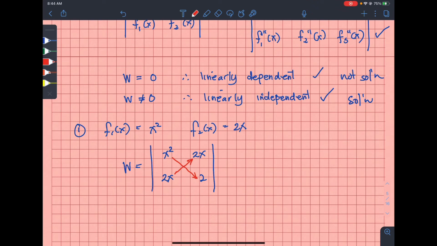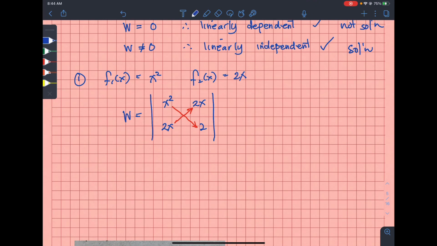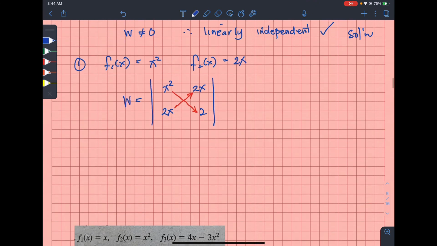So therefore, W here will then be equal to x squared times 2. So that would be 2x squared. Then minus upward, 2x times 2x, that would be 4x squared. So W is equal to negative 2x squared.